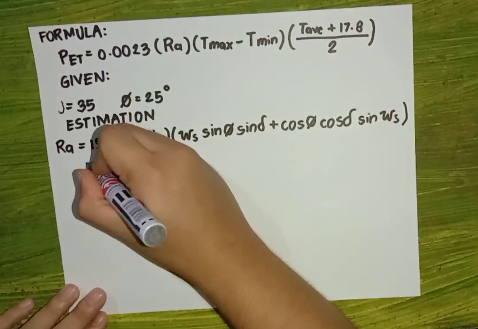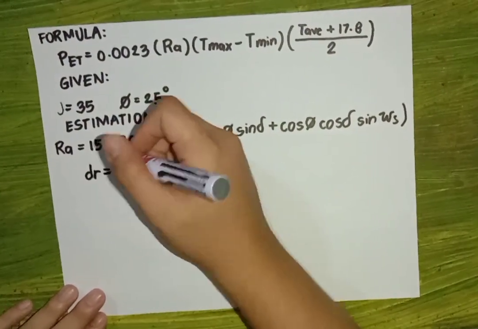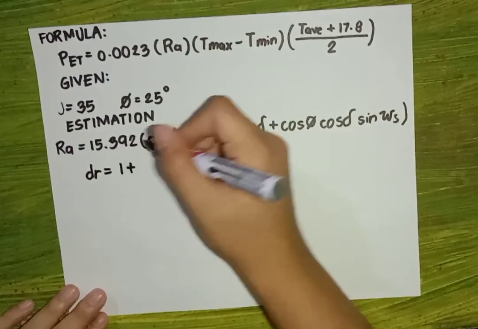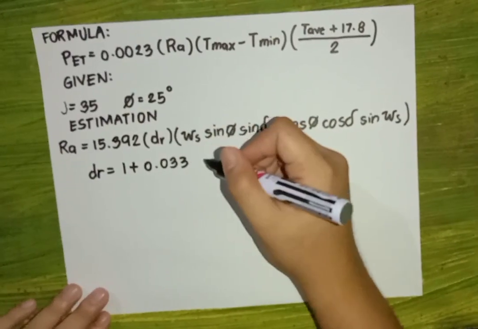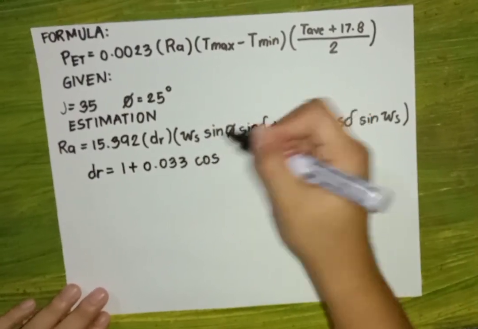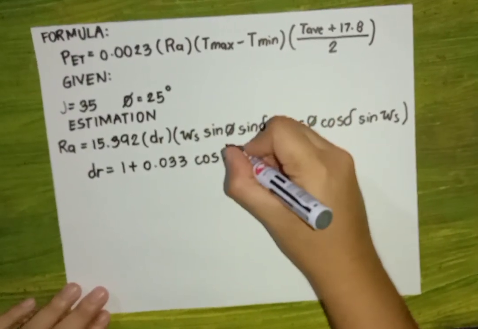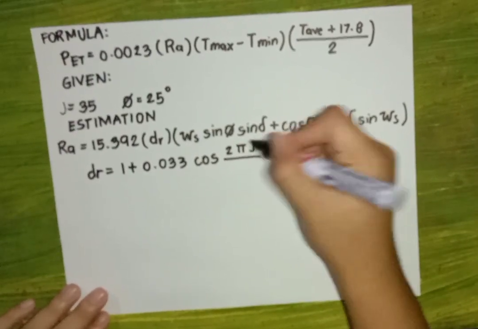To find the value of D sub R is equal to 1 plus 0.033 times cosine 2 pi times J over 365.